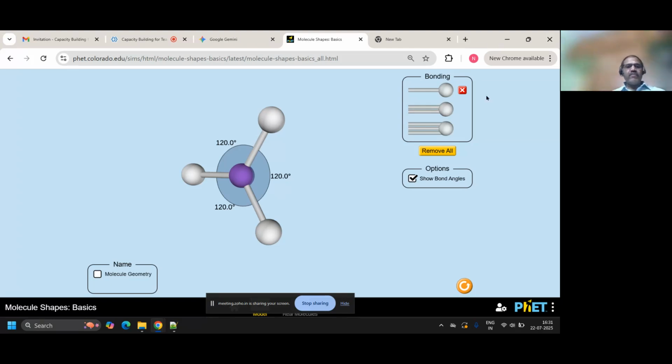Same way we are building molecules. When we build the molecules, how will they bond? How will they get attached to the main element? We can show this. When you teach elements and molecules, whether it is organic chemistry or inorganic chemistry, when the reactions happen, you can show this.